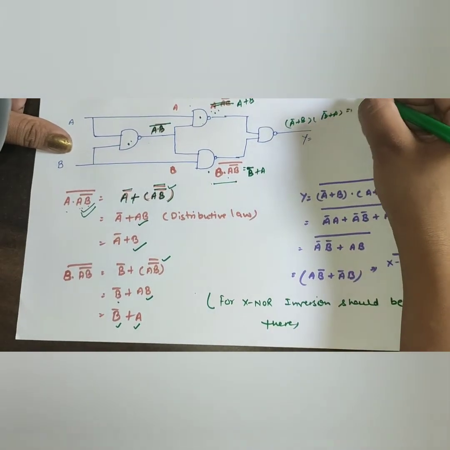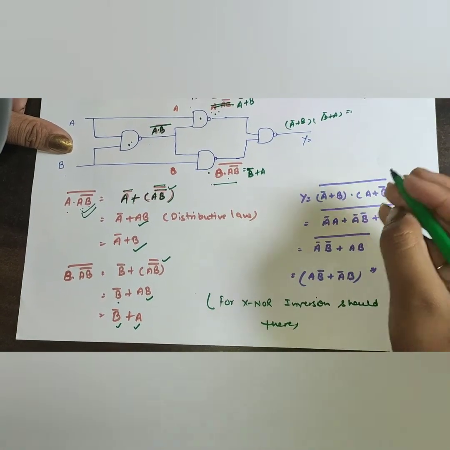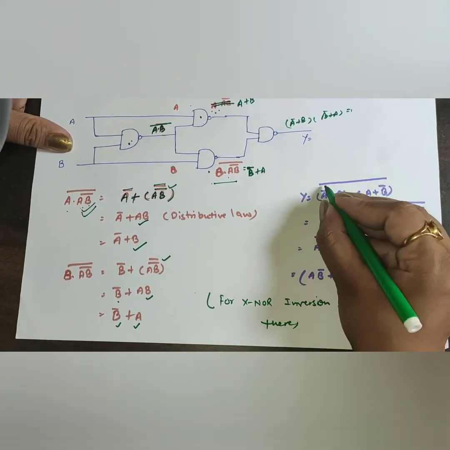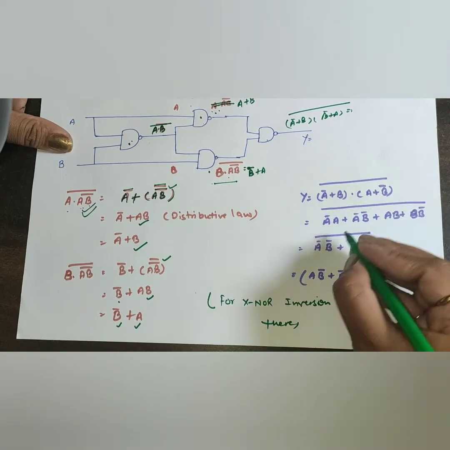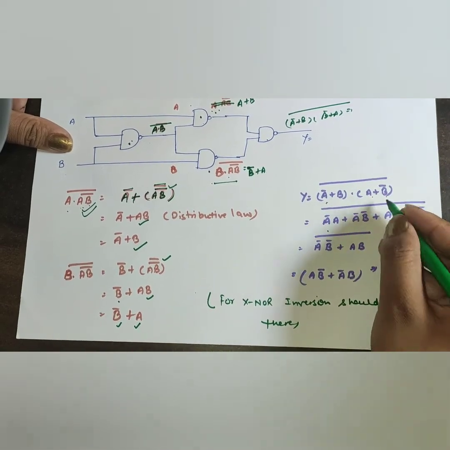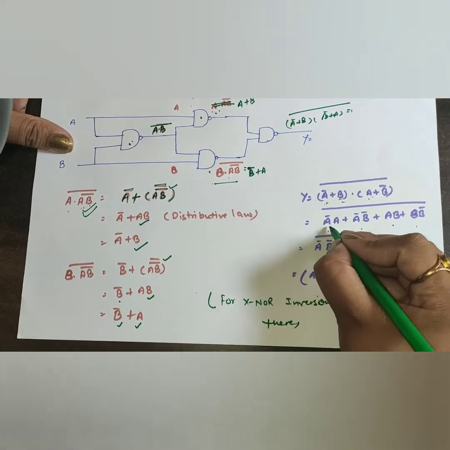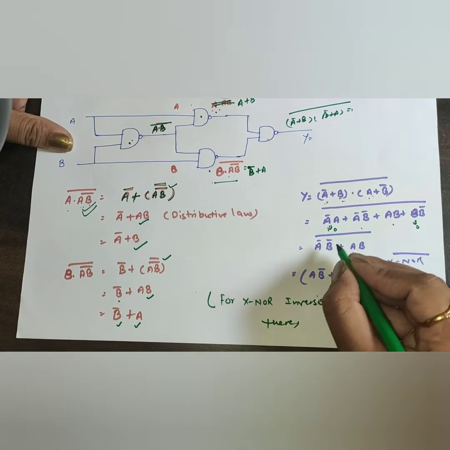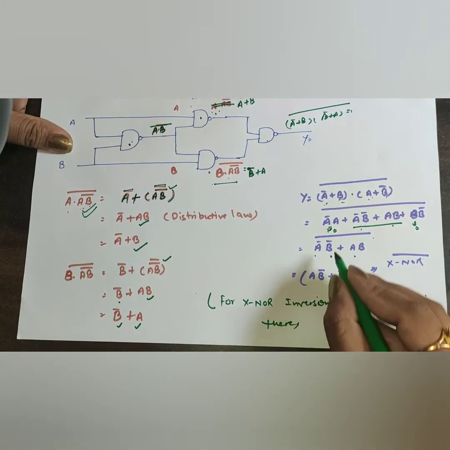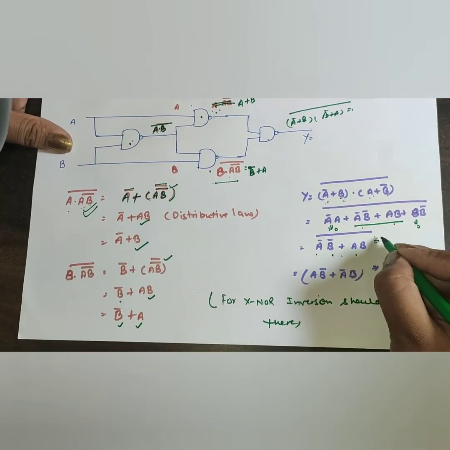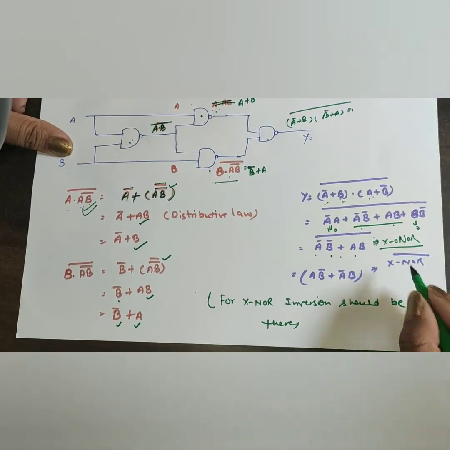Now if you simplify this, I have explained here: (A bar B plus AB bar) whole bar, because this is a NAND gate, so we are not removing this. A bar A plus A bar B bar plus A bar B A plus B bar B. A bar A will be 0 and B bar B will be 0. So we have got A bar B bar plus AB, whole bar. So this whole bar is the NOR gate.